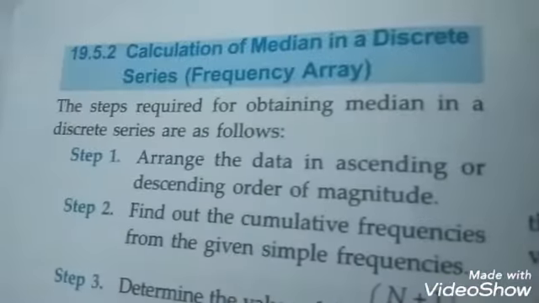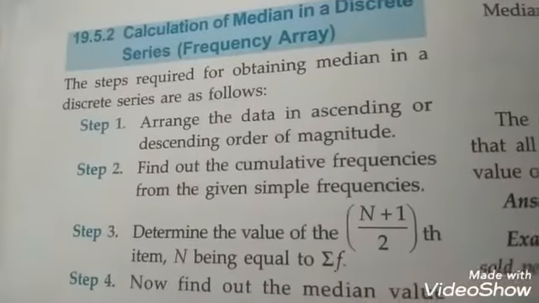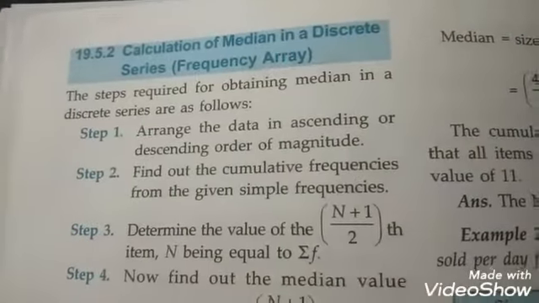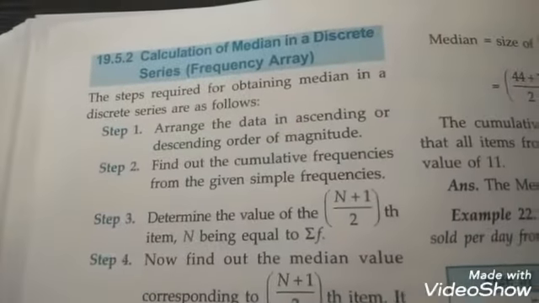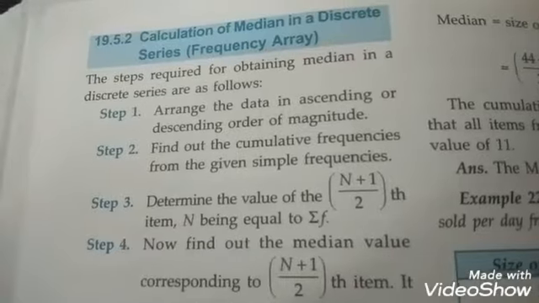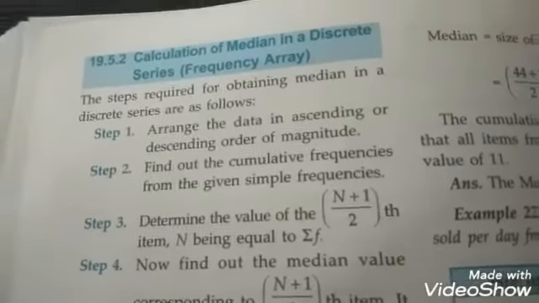Now coming to the calculation of median in discrete series or frequency array where the frequencies are given to us. So in this, the difference is that we are using the same formula m is equal to n plus 1 by 2, and we again have to arrange the series in ascending order or in descending order of magnitude.